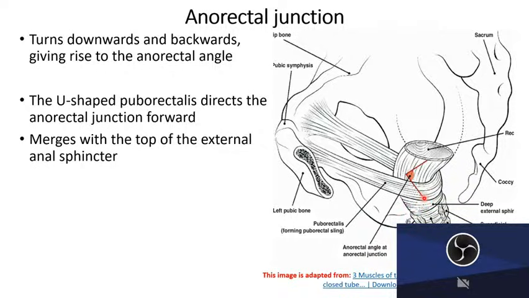All right. Now, one thing you can appreciate here is the fact that the rectum makes a downward and forward move in the anterior, around the sling of puborectalis, and then exits by continuing downward, but this time with a backward move, forming an angle known as the anorectal angle.